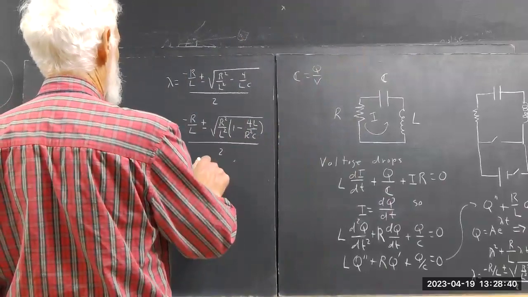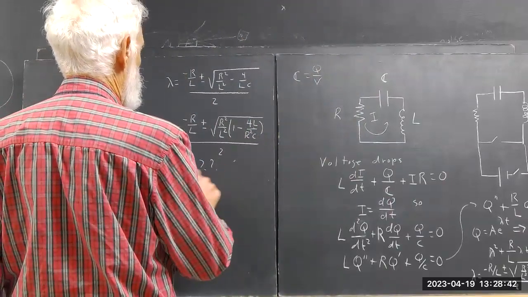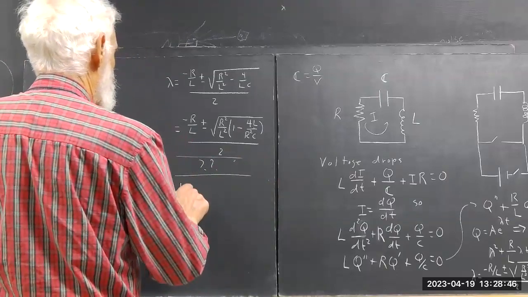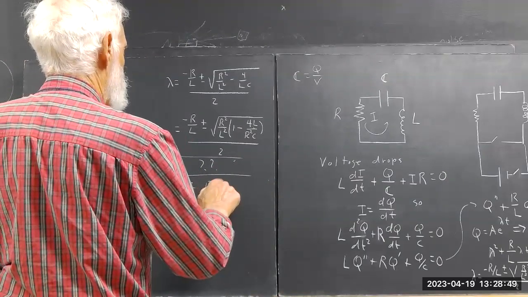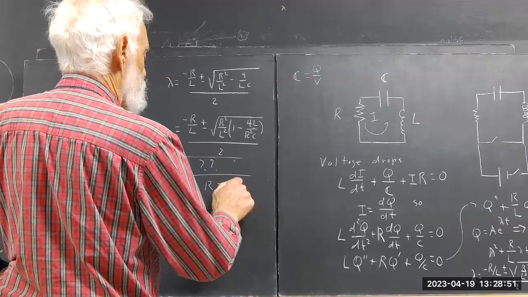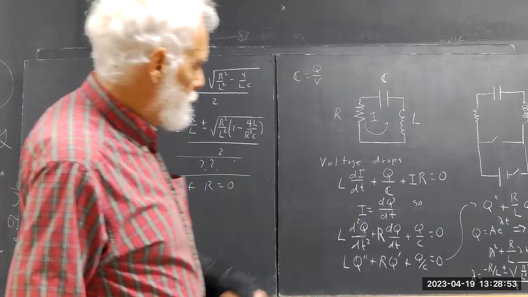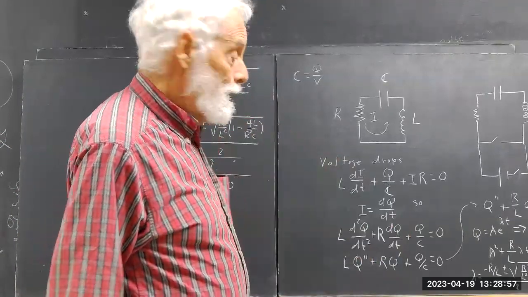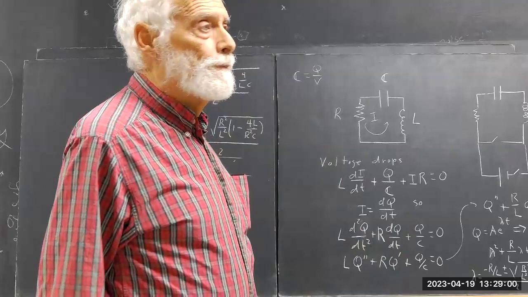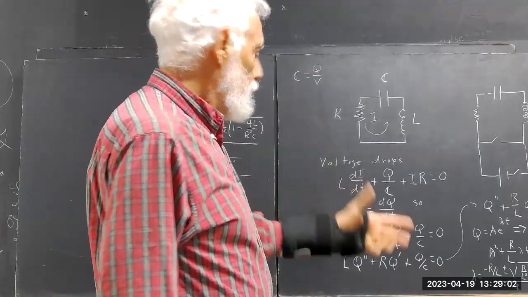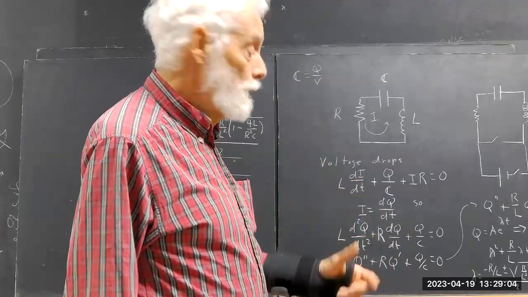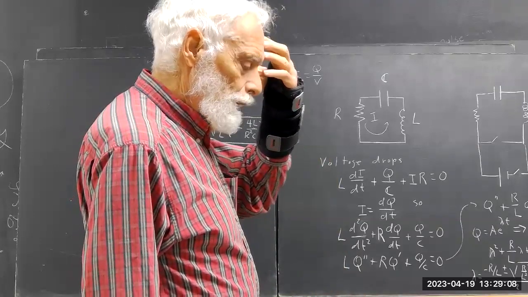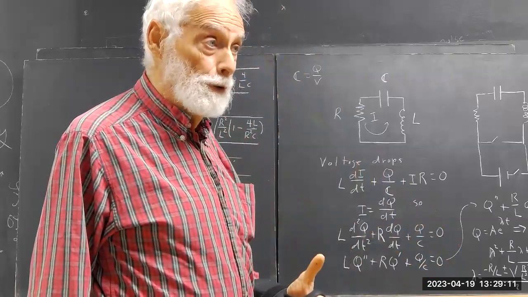I'm going to put a couple of question marks here. If R equals 0, we can just leave this out of the equation, and we can immediately see that we get an oscillating circuit. Go back to what we did with simple harmonic motion.